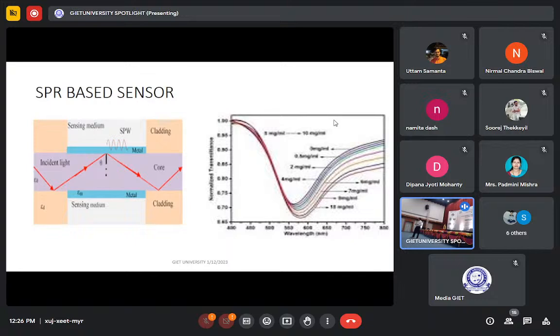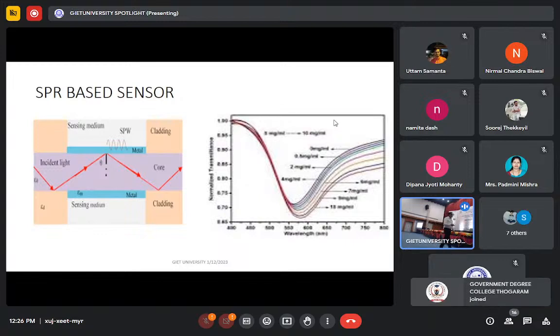When the resonance takes place, there will be maximum absorption here, and therefore the output of the detector will decrease for that particular frequency. You can also talk about this in terms of wavelength, because frequency and wavelength are related, right?